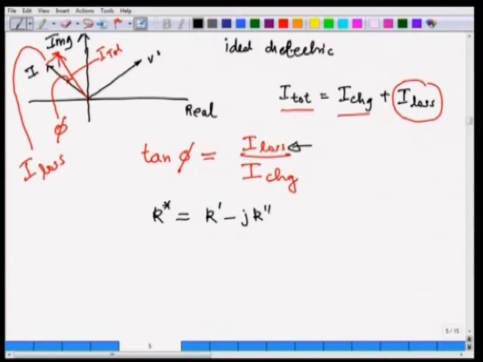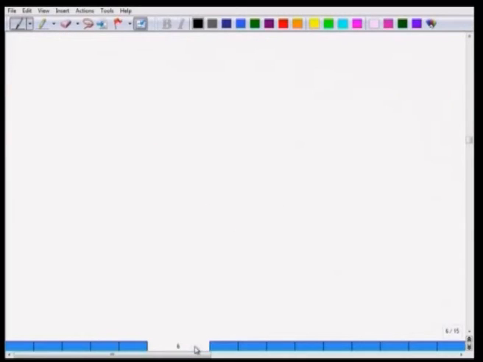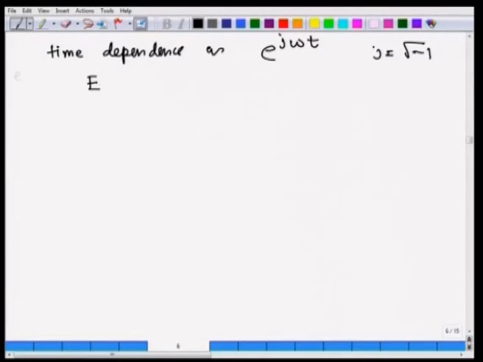And let me do it in a more general fashion by writing Maxwell's equations. This is something you might have seen before also. Assuming time dependence as e to the power j omega t, as we had done, where j again, I repeat, is the square root of minus 1, let us be very specific about these phasor quantities. Let us take the electric field E as an example.